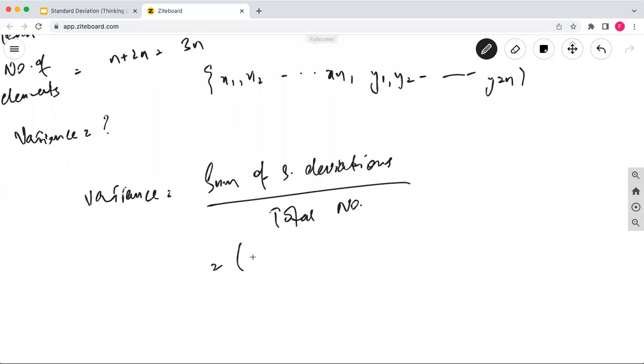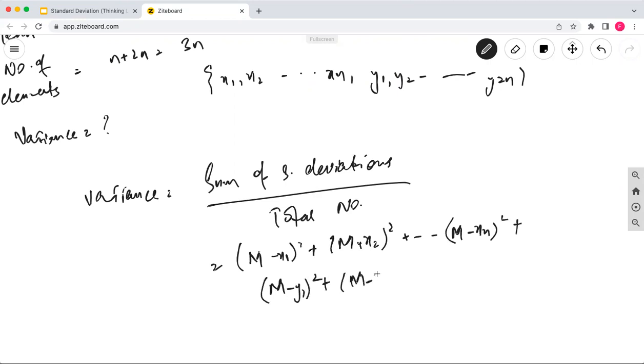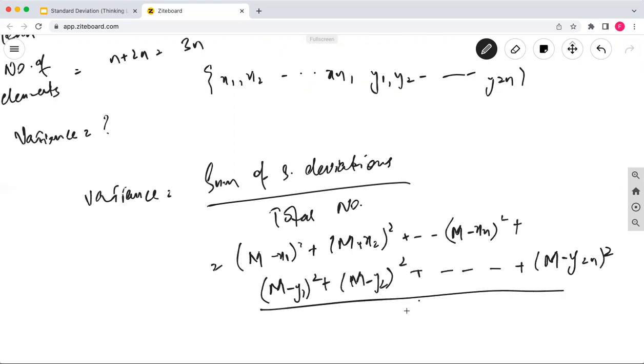So the mean is the same: (m minus x1) whole square plus (m minus x2) whole square up to (m minus xn) whole square, plus (m minus y1) whole square plus (m minus y2) whole square up to (m minus y2n) whole square, divided by 2n plus n, which is 3n.